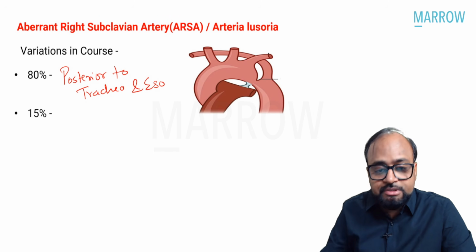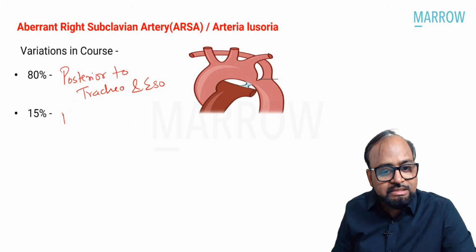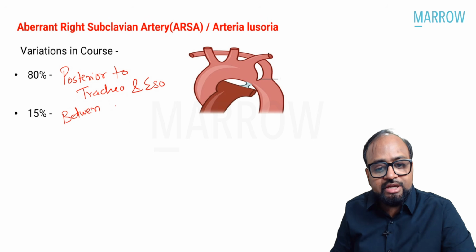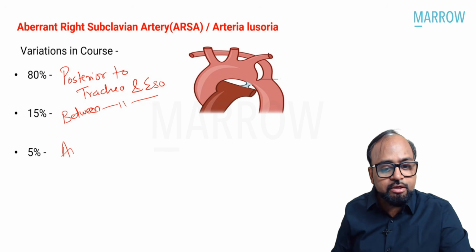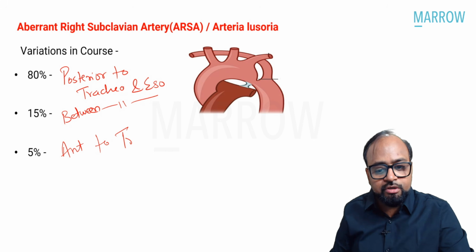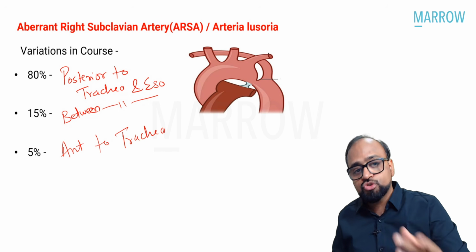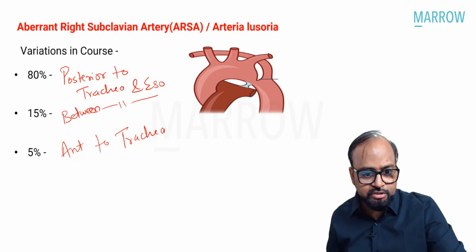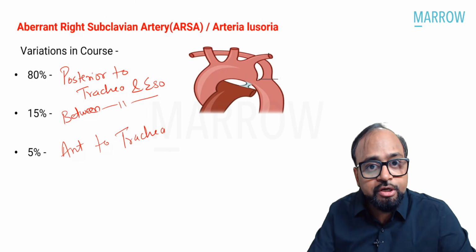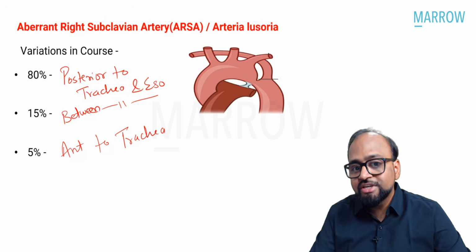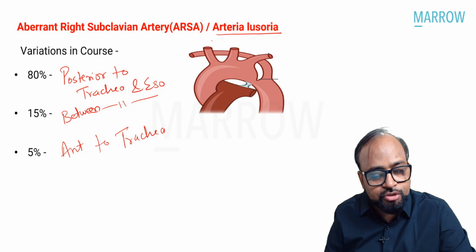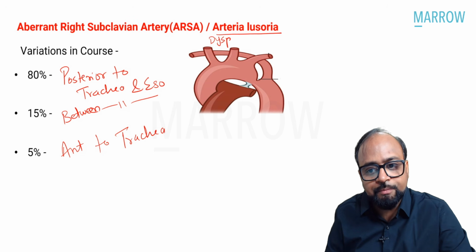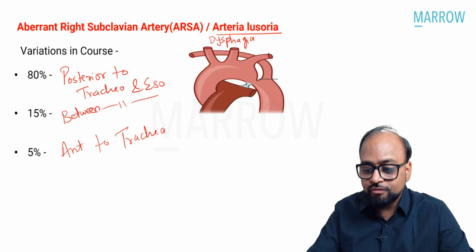In about 15% of cases, it passes between the trachea and the esophagus, that is behind the trachea, anterior to the esophagus, and just in about 5% of the cases, it passes anterior to the trachea. Whenever it passes posterior to the esophagus or anterior to the esophagus, that is 80% and 15%, that is the course, it can compress the esophagus and give rise to dysphagia. So this is also called as arteria lusoria, and the dysphagia that it causes is called as dysphagia lusoria, right? Because of the compression of the esophagus.